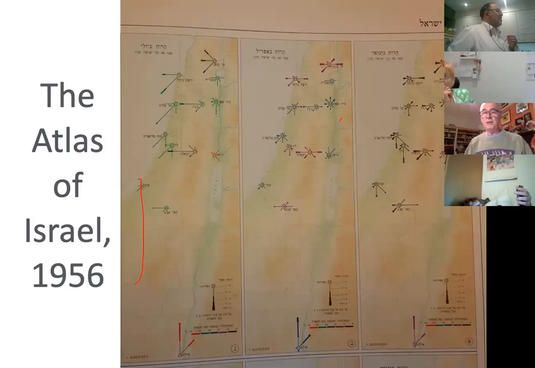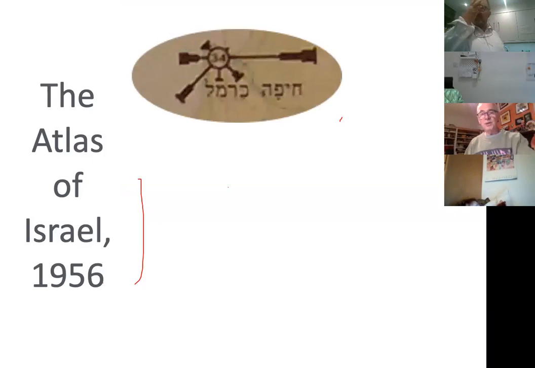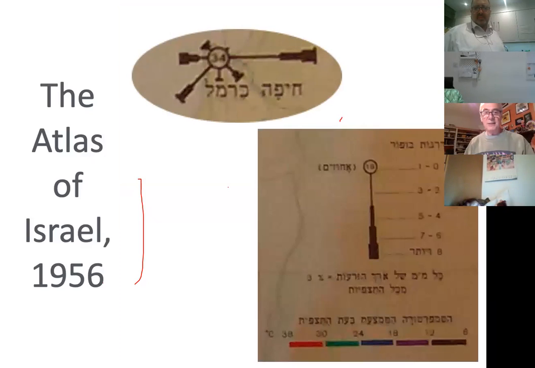Today, anyone who's a map maker would say this is routine technology. In 1956, this was all done by hand, and it was quite a remarkable achievement. This is a symbol which shows the directions of the wind and how many months it's like that, and the strength of the wind.